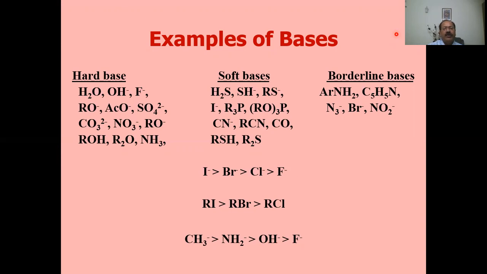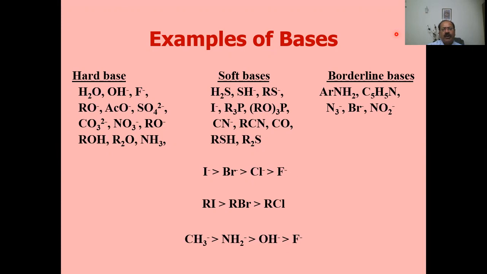Similarly, OH minus is a harder base compared to SH minus, or in other words, we can say SH minus is a softer base. RO minus versus RS minus. Fluoride versus chloride. So fluoride is harder and chloride, or for that matter, bromide and iodide are softer.